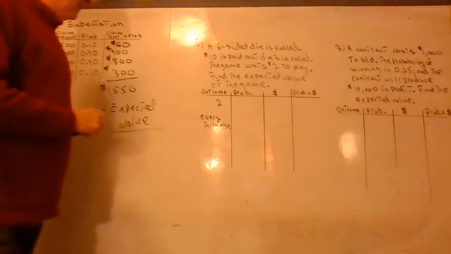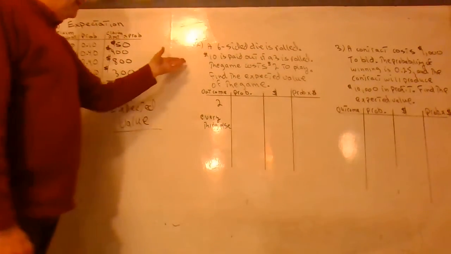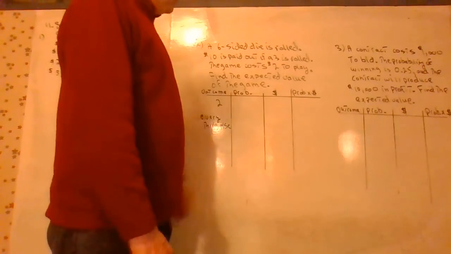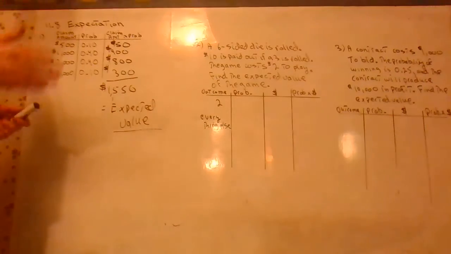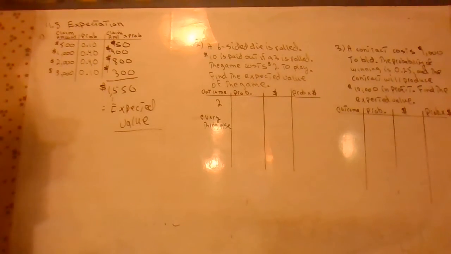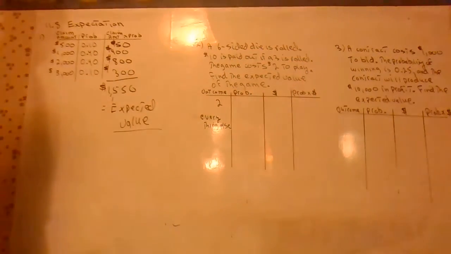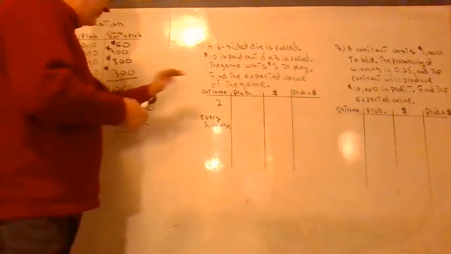Now we have a second situation. We have a six-sided die is rolled. $10 is paid out if a 3 is rolled, and the game costs $2 to play. If we roll a 1, 2, 4, 5, or 6, the house keeps the money. Find the expected value. And we're going to consider the cost here. Now, the first thing we have to do is list the outcomes.